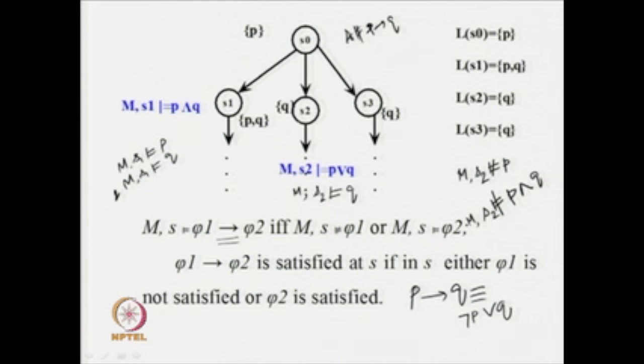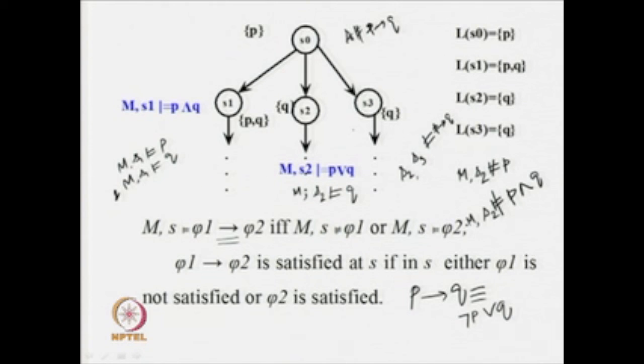So, in this particular set, S 2 and S 3 both model P implies Q, because Q is true over here and P is false.